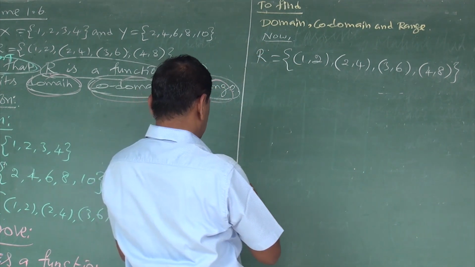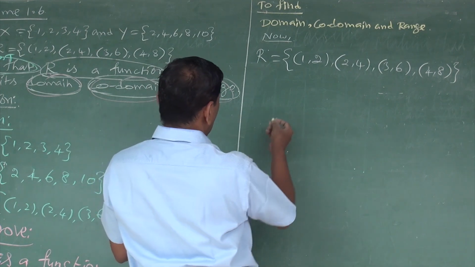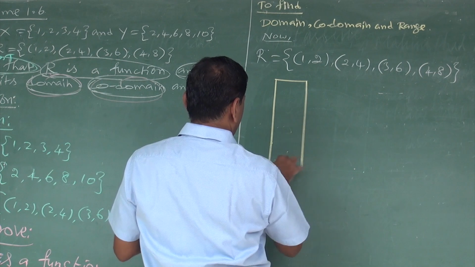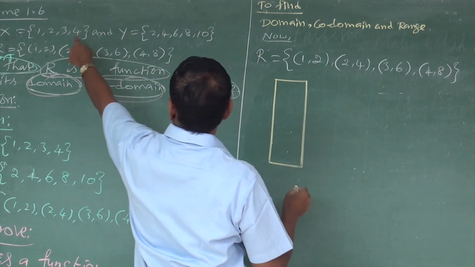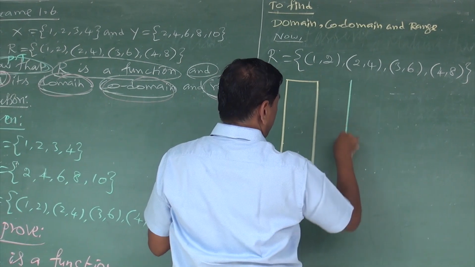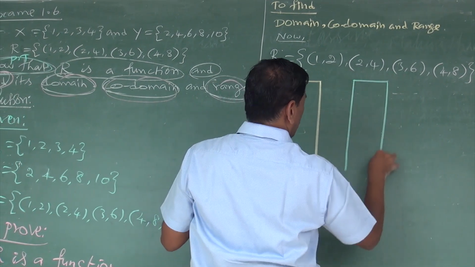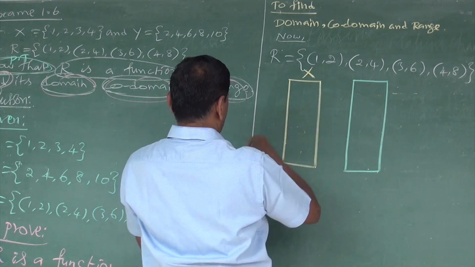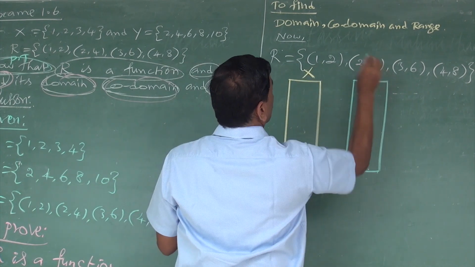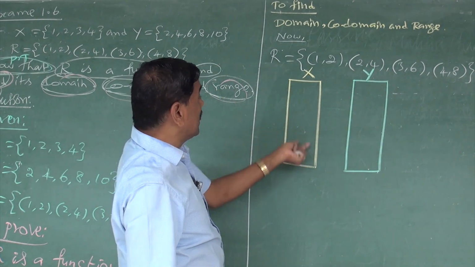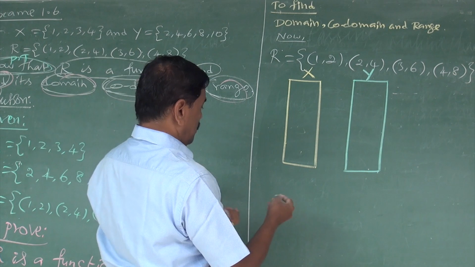The first set is X and the second set is Y. Now, the first set X contains the elements 1 to 4.